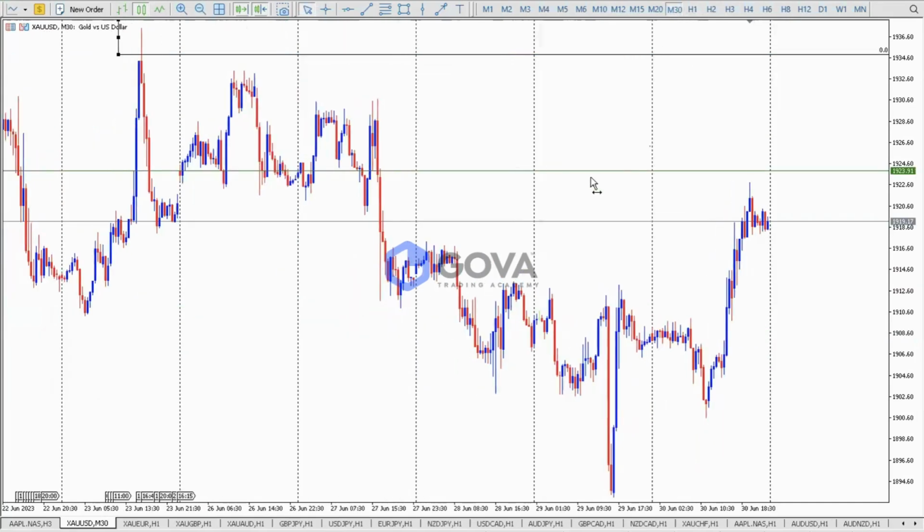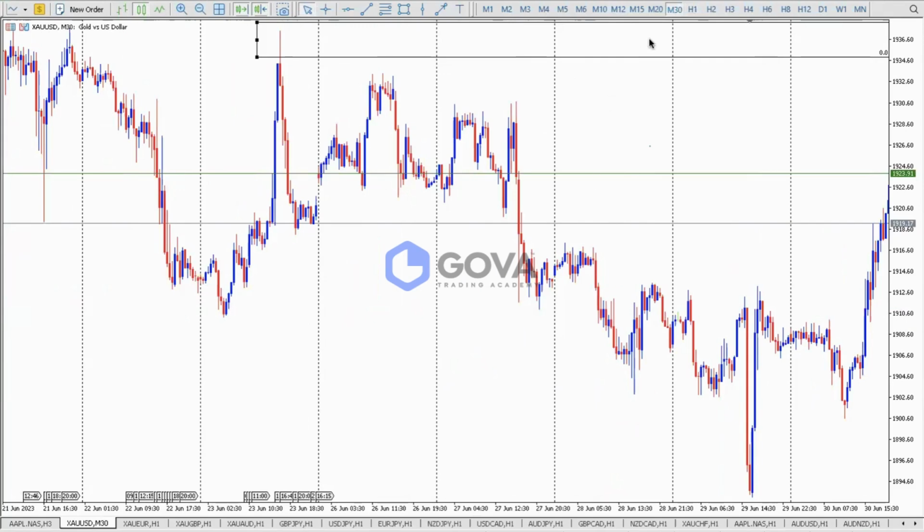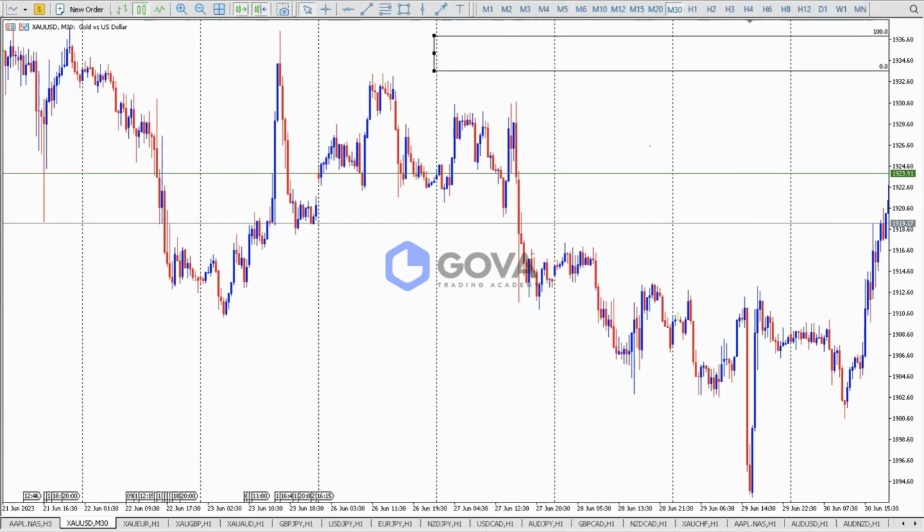So from H1 to M30. On M30, you can see this is the area, this is the formation, rally base drop, okay? On M30, I've already confirmed the formation. So what I have to do now is mark my distal line here. Your proximal line should be here, okay?